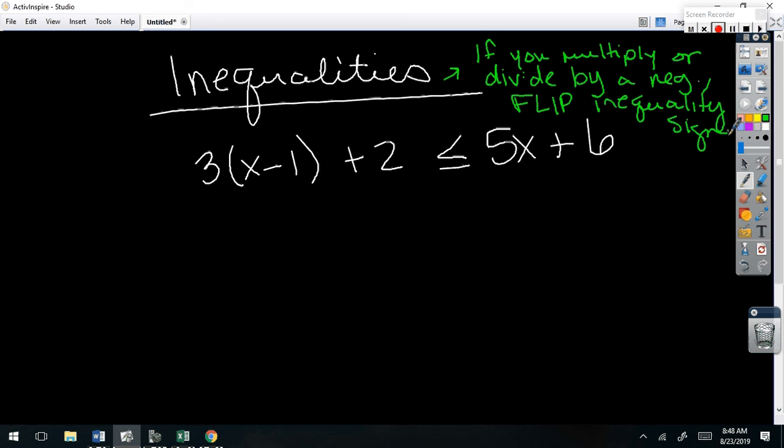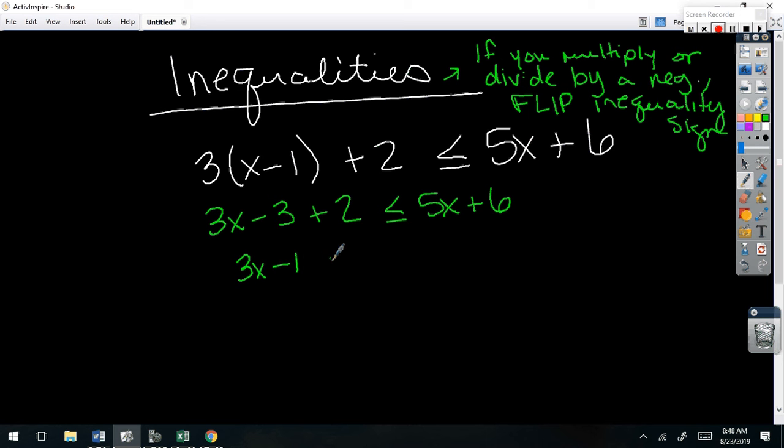So look at the example. What would I do first? Distribute. What do you get? 3x minus 3. Clean it up. What's the left side become? 3x minus 1.